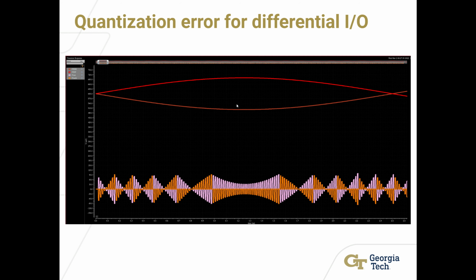This is with an input of differential sine wave centered around 600 millivolts, and the output gave us the quantization error shown here at the bottom. So we think that because of that, this setup is working correctly.